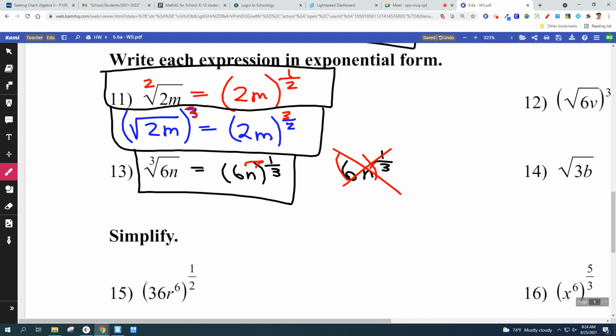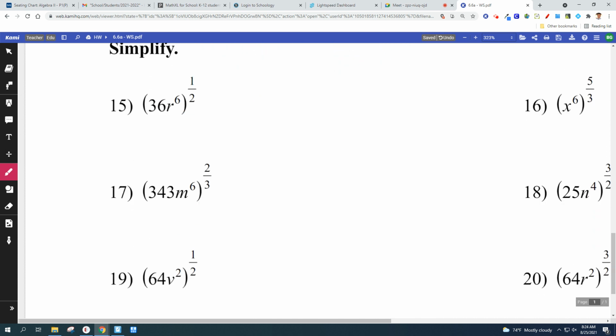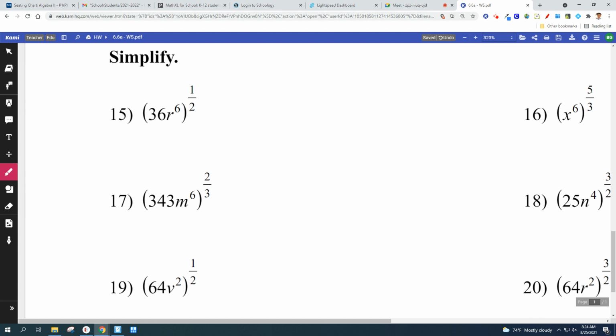Okay, so let's simplify. When we simplify, I think it's almost always going to be easier to go back to radical form, like we did the last couple of days. So we know that a 1/2 power is a square root. That is a square root.